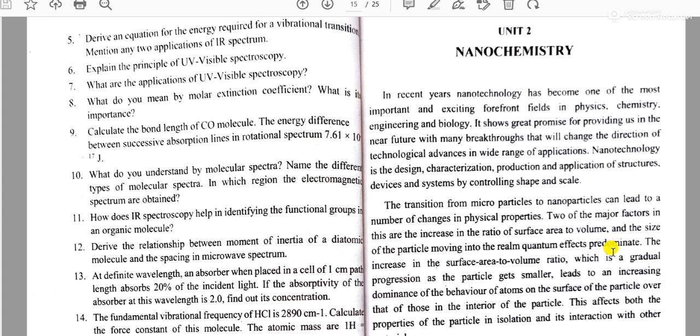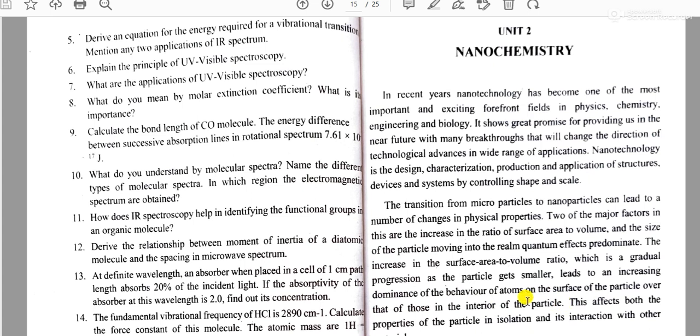The increase in the surface area to volume ratio, which is a gradual progression as the particle gets smaller, leads to an increasing dominance of the behavior of atoms on the surface of the particle over those in the interior of the particle.